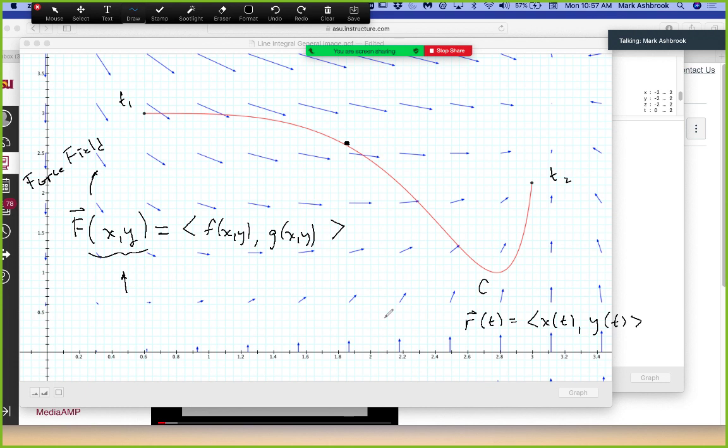As we do that, the wind is applying force to the car as we move, and so the wind is actually doing work on the car. This line integral is going to be the total amount of work that the wind does on the car as it travels the road.